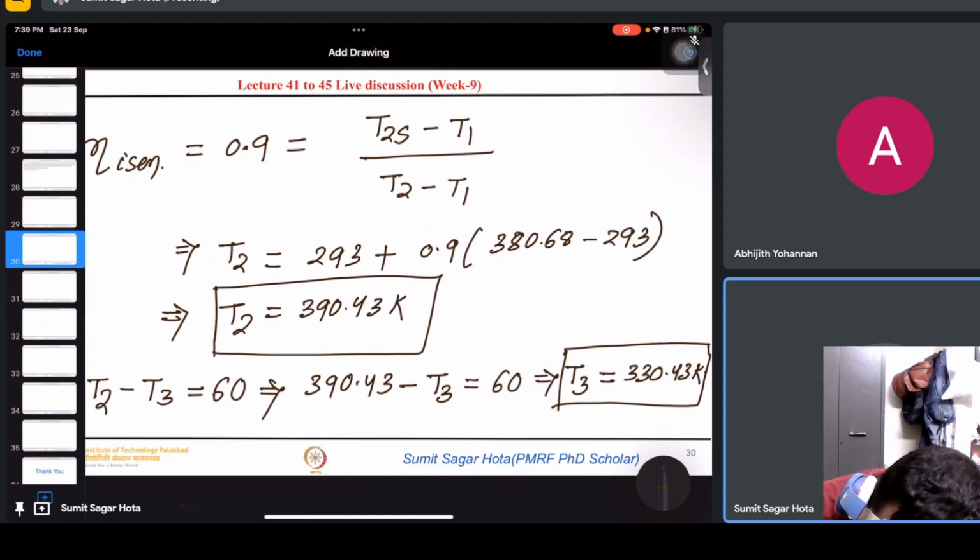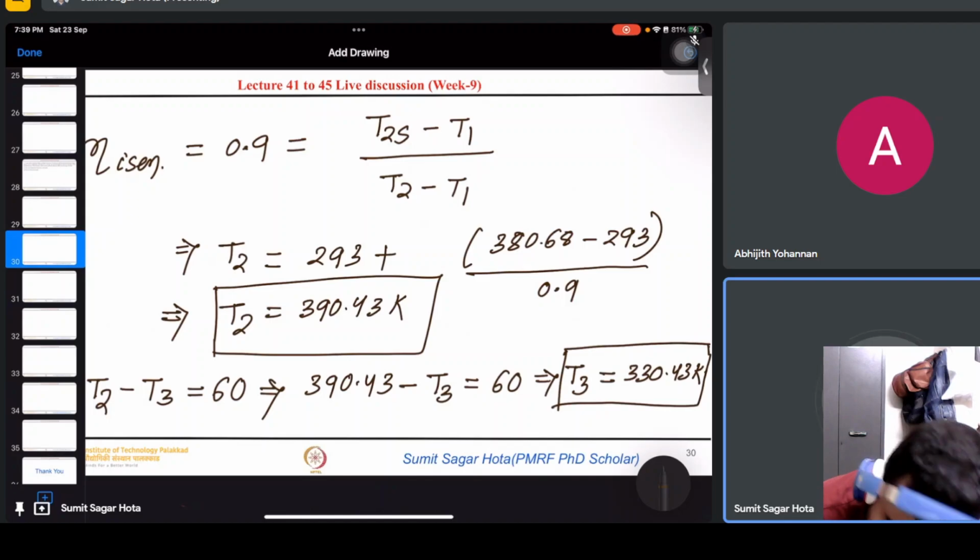The formula is divided by 0.9, yes correct, the answer is anyway correct because I solved it. It's divided by 390, but if it is T2s, then that will be the case. So T2 is here 390.43.